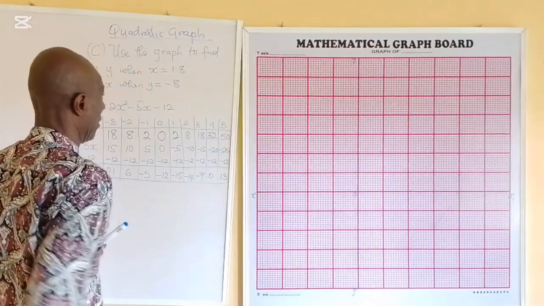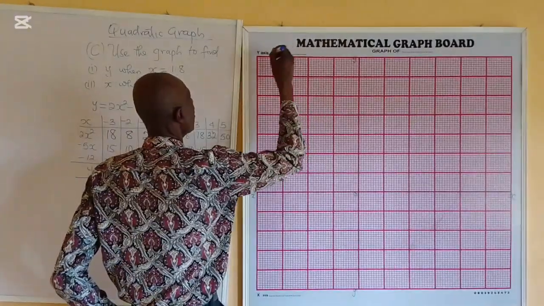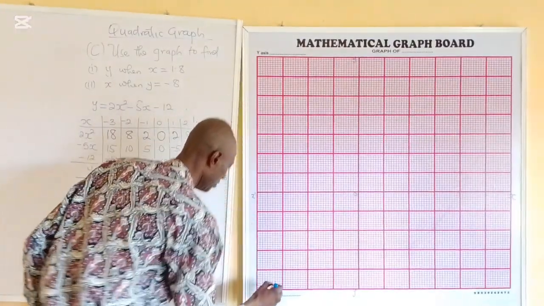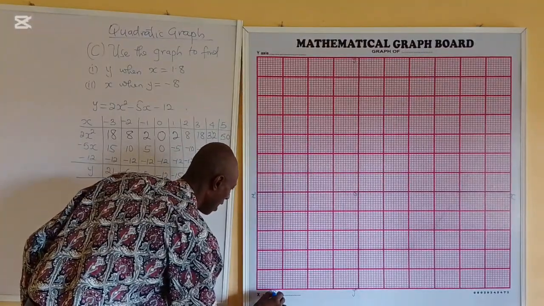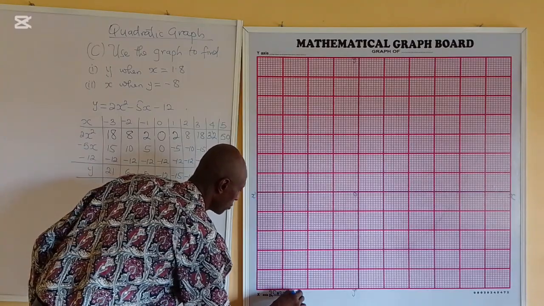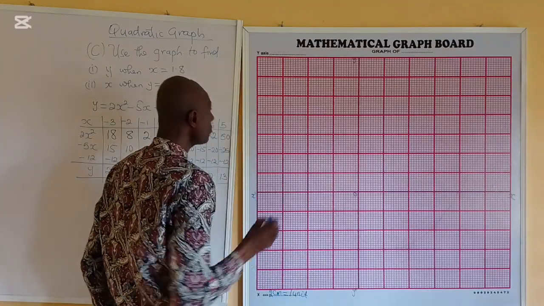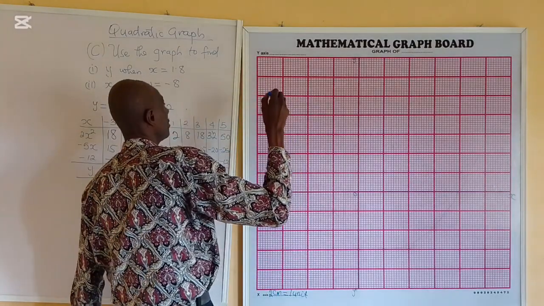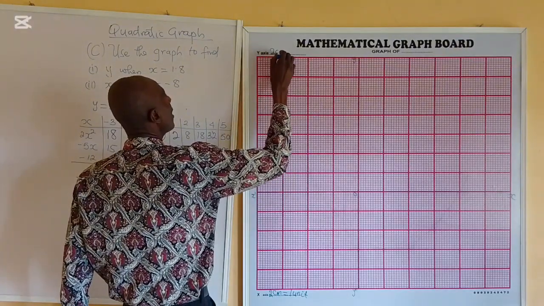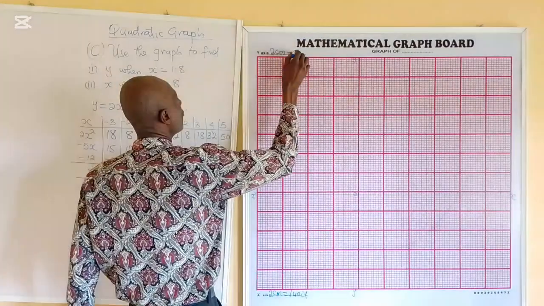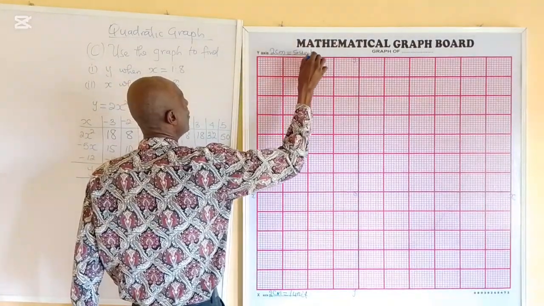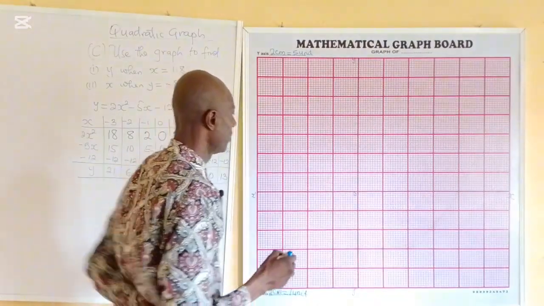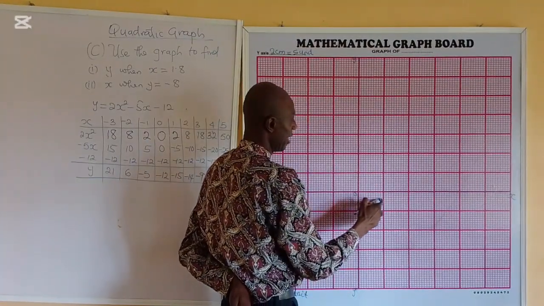And we are given the scale. The scale on the x-axis is 2 centimeters is equal to 1 unit, while on the y-axis, 2 centimeters is equal to 5 units. Meaning that from here to here is 2 centimeters.